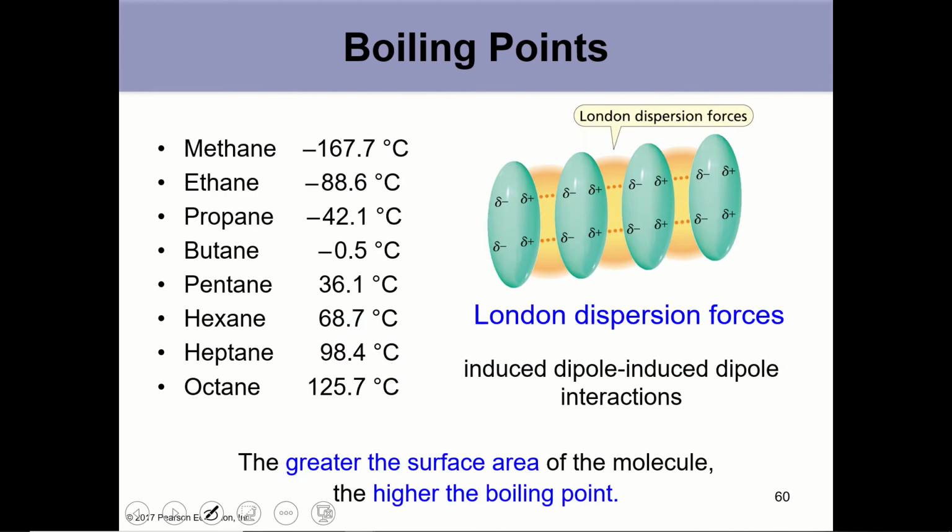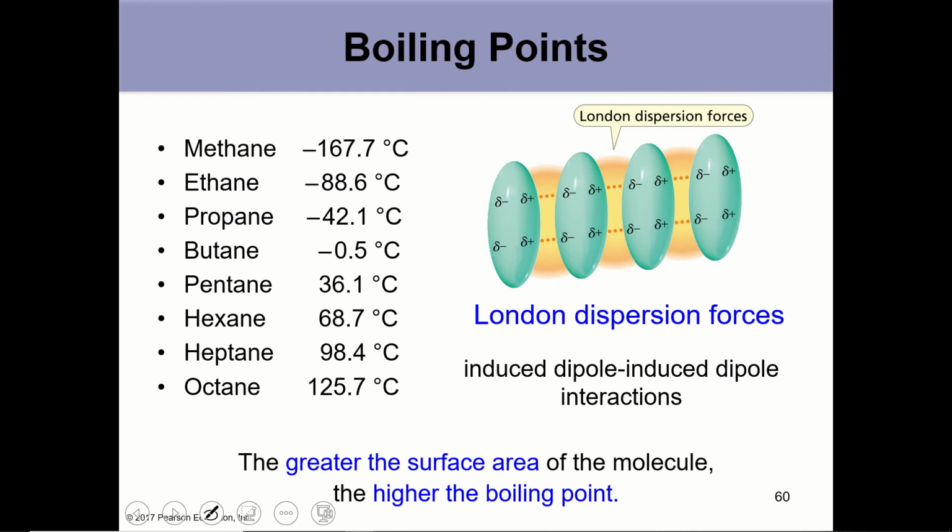Boiling points. For alkanes, the only type of attractive force is London dispersion forces. And as the number of carbons increases, the boiling point will increase due to the increased amount of London dispersion forces. The more atoms you have, the more London dispersion force will occur.